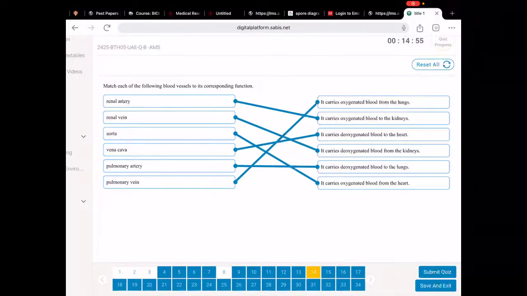Pulmonary vein, exactly. Okay, Anas, I'll re-explain right now. So I was telling them before, renal refers to what? To the kidneys. While if they get you in the exam, hepatic refers to the liver. Okay, that's the first thing you have to know.